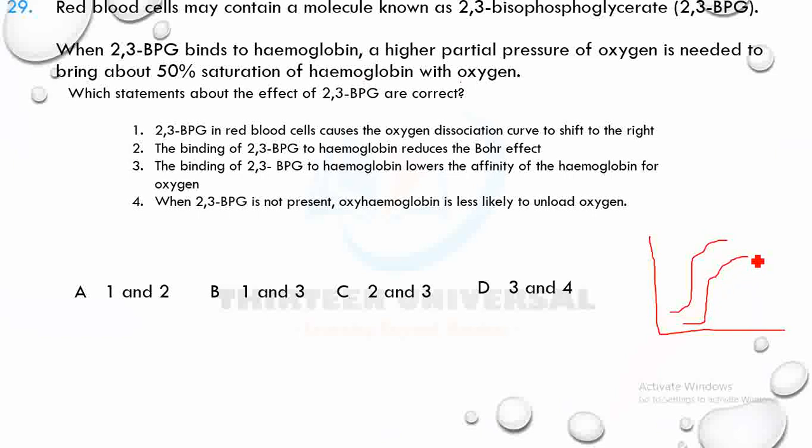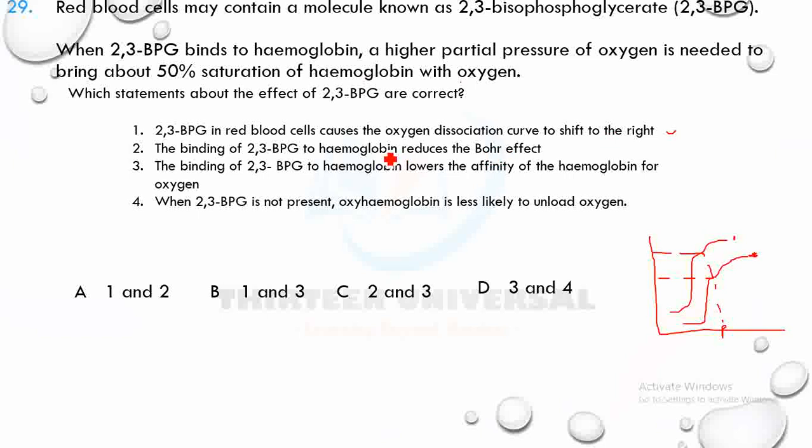The hemoglobin here is less saturated with oxygen compared to this, because if you trace this pressure, you can see that the one on the right side has lower affinity, because it has lower saturation compared to the original one that has higher saturation. Higher saturation means higher affinity. So this will cause the oxygen curve to shift to the right, correct?